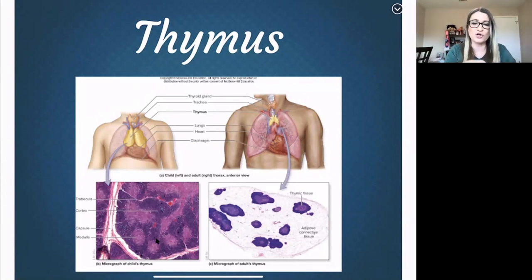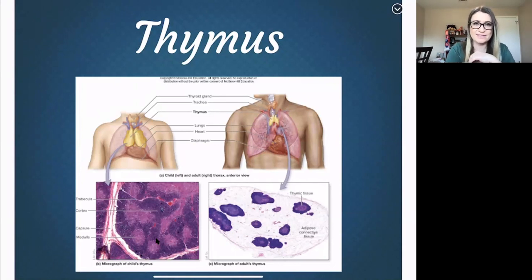On the adult's thymus, you can see that a little better. You can see a few of the individual lobules surrounded by adipose tissue. Each thymic lobule has a dark edge and a lighter center. That dark edge is the cortex of the thymic lobule. The lighter center is the medulla of the thymic lobule.